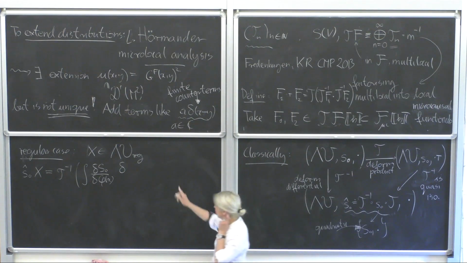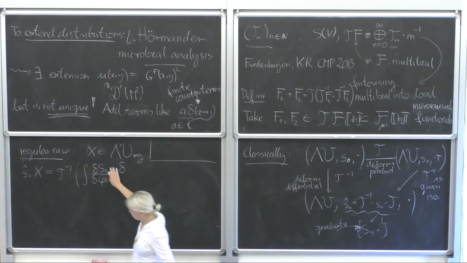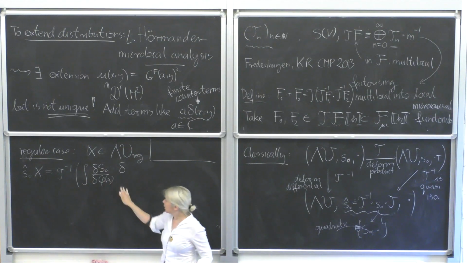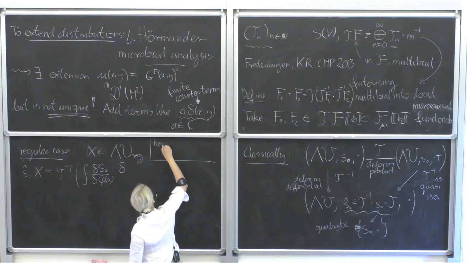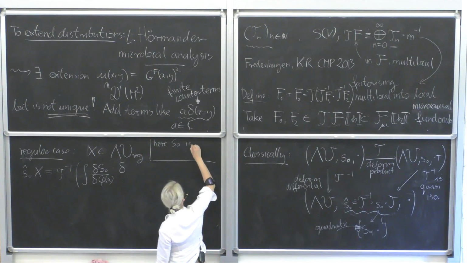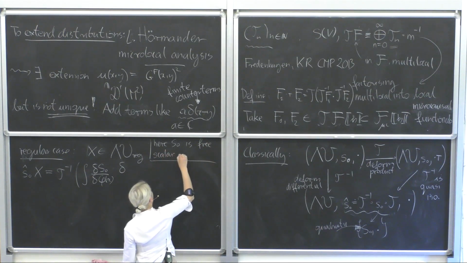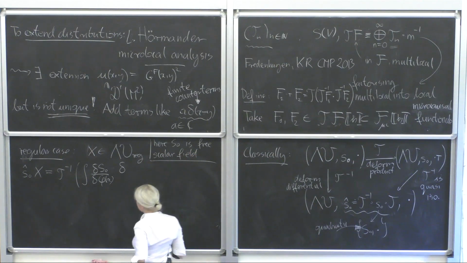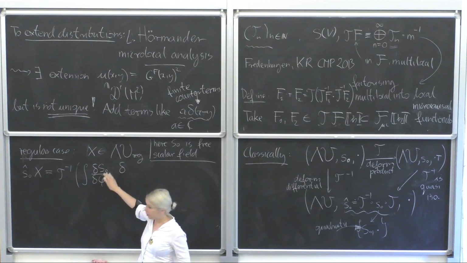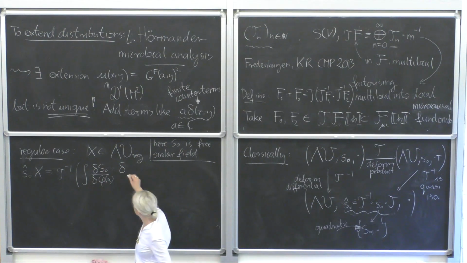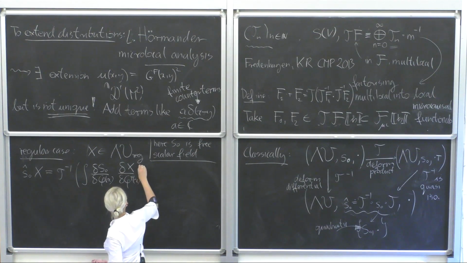Let's assume for now that we have no gauge symmetry, so S0 is just the free scalar field. Then we have a term in the anti-bracket where we differentiate this with respect to phi, and then we differentiate X with respect to the anti-field.